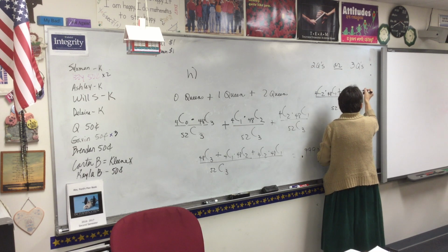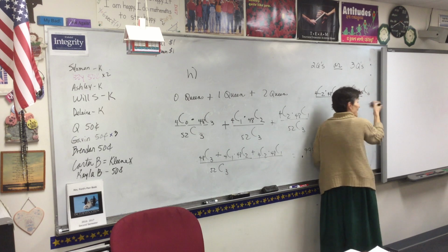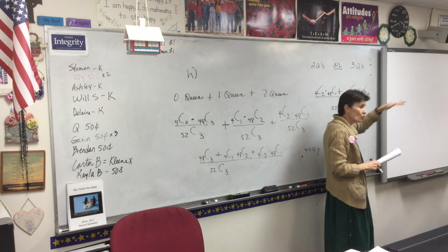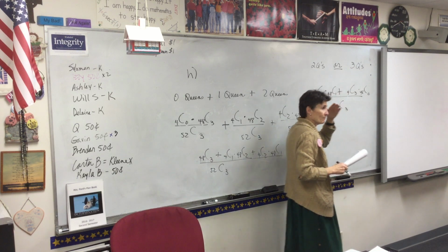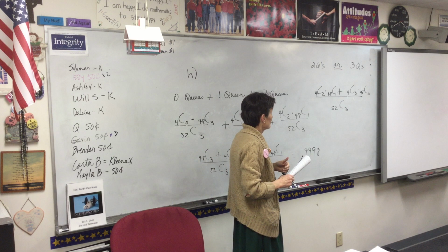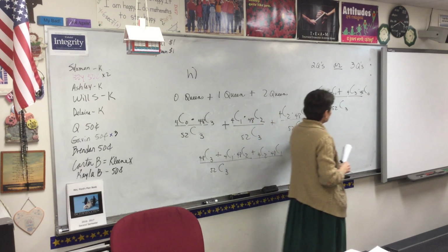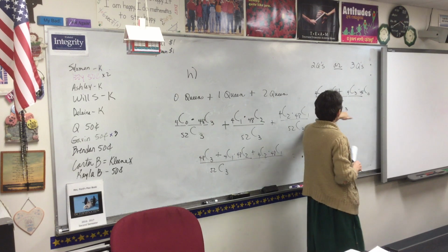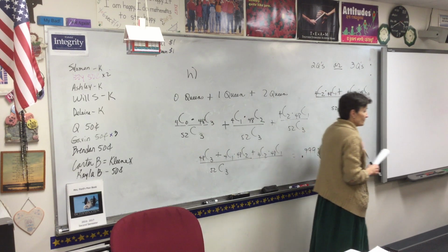And then if you want to say 48C0, you can, but remember, if you're picking none, then there is no reason to write that down. But if the pattern makes more sense to you that way, that's fine. So now, we're going to type in the numerator, and we're going to hit equals, and then we're going to divide it by 52C3.